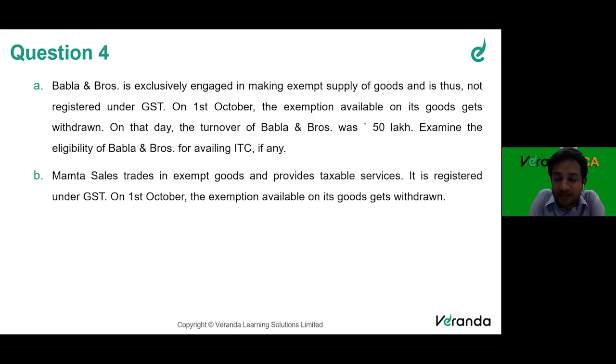But remember that when you take credit of capital goods, the life of the capital goods is, can anyone tell me what is the life of capital goods in GST law? We have to reverse credit at 5% per quarter or part thereof. So the life of the asset is 60 months, basically 5 years. On a quarterly basis, we have to do the treatment. So for whatever months have passed since you purchased the capital goods, reducing that, you can take the balance credit.